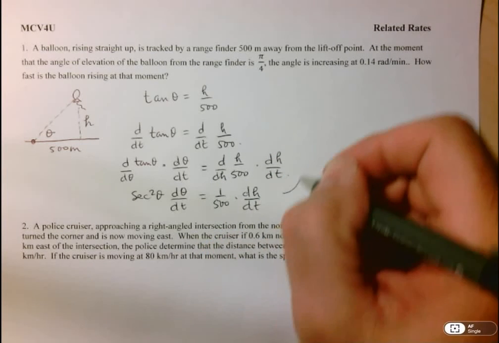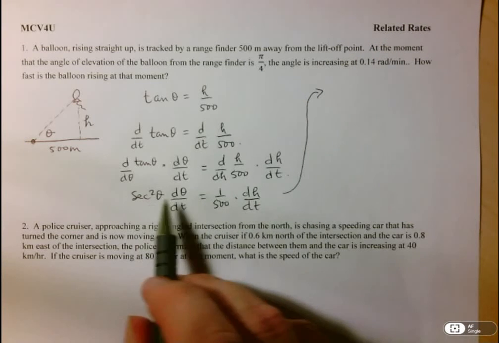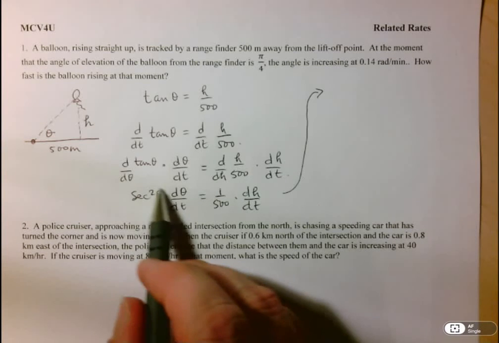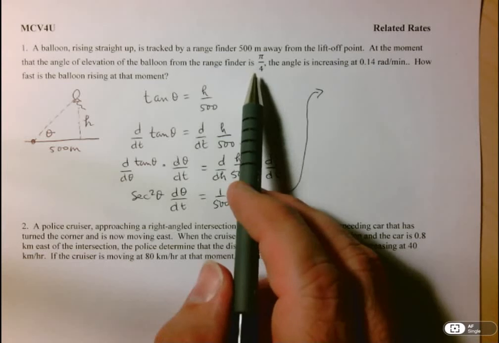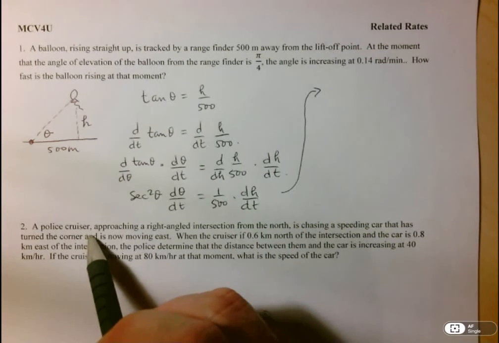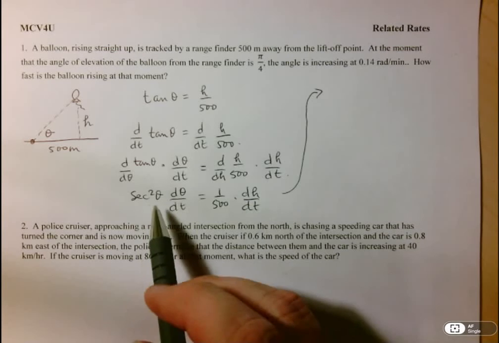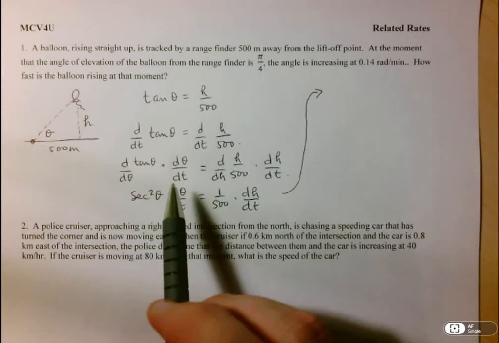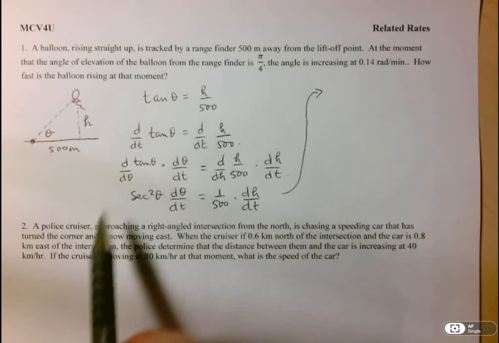Okay, and what I'm going to do now is input the information that I know. We notice that this relationship between the rates of change has a secant squared theta in it. So that's why they needed to give us a specific moment in time. They could only determine this rate of change knowing a particular angle. It makes sense because the relationship between h and theta is not a constant relationship.